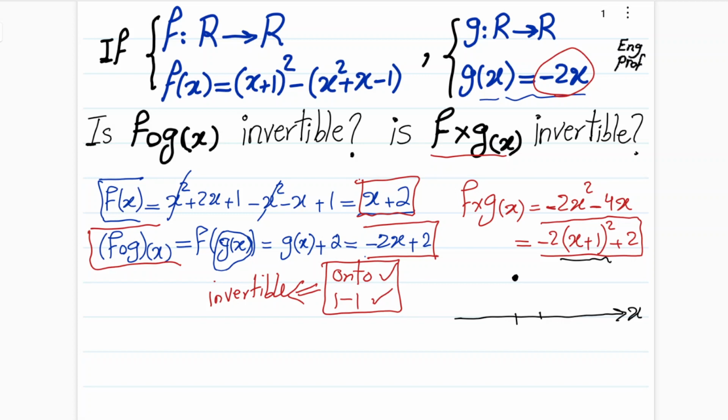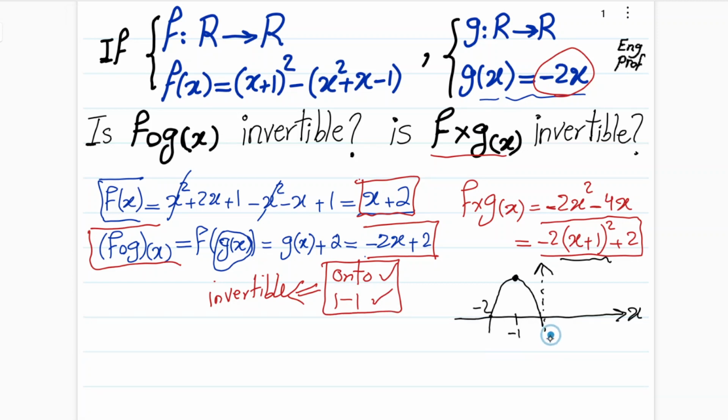But as soon as x is increased to 0, we hit a total value of 0. And when x is negative 2, the same thing happens. So this is negative 1, this is negative 2, this is the y-axis, and this is 0. As x increases from this point on, let's say you set x equal to 1, then you get 1 plus 1, 2 squared, which gives you 4. 4 times negative 2 is negative 8, and it's going to go down quickly.